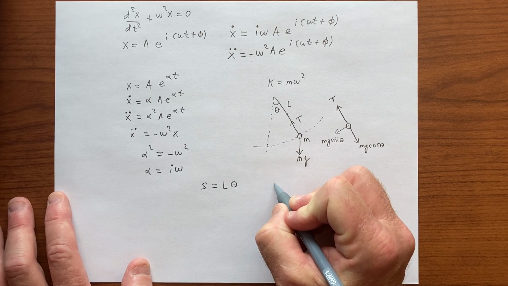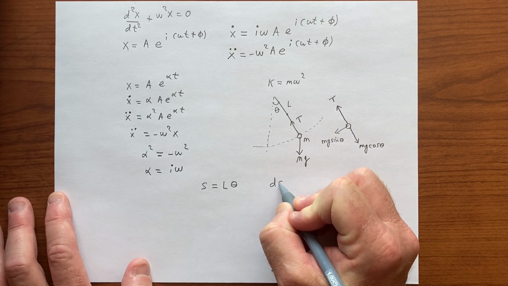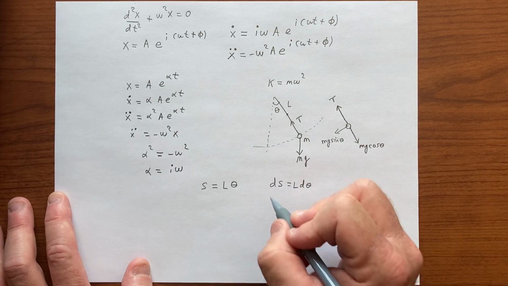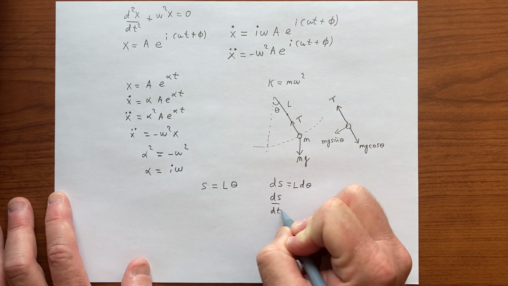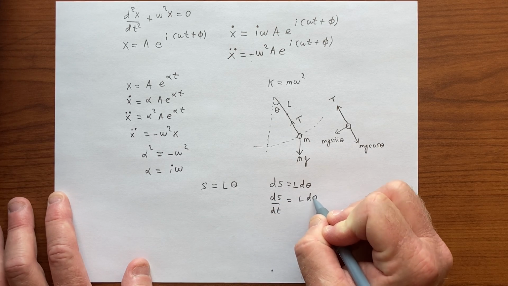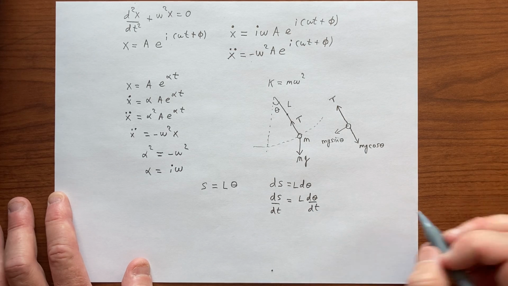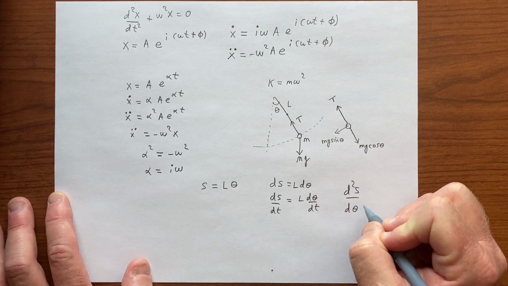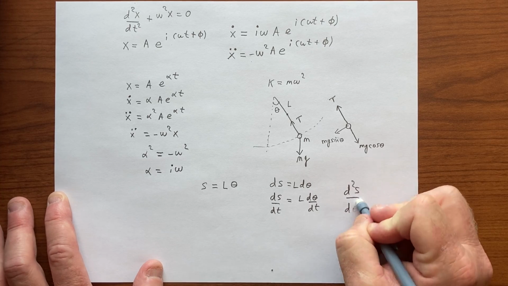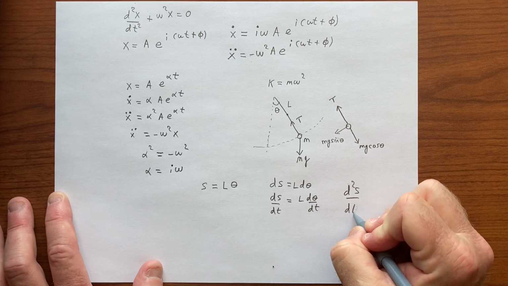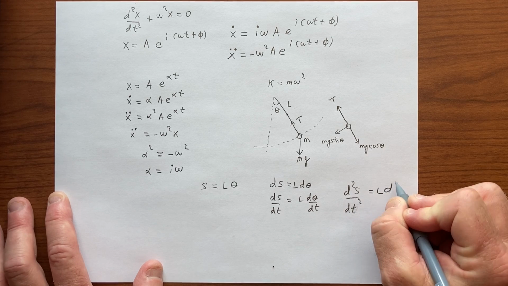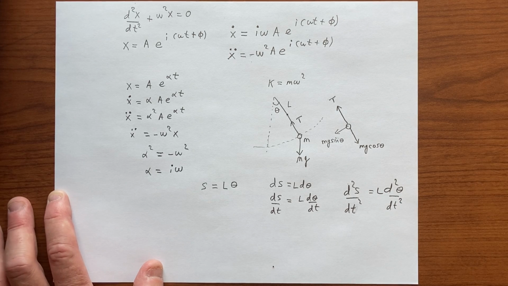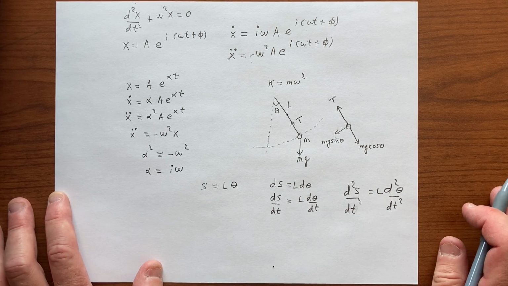So we can say that a tiny little arc length is L d theta, and therefore we can construct a speed along the arc, which is L times the angular speed, and therefore an acceleration along the arc, which is related to the angular acceleration, L theta double dot.